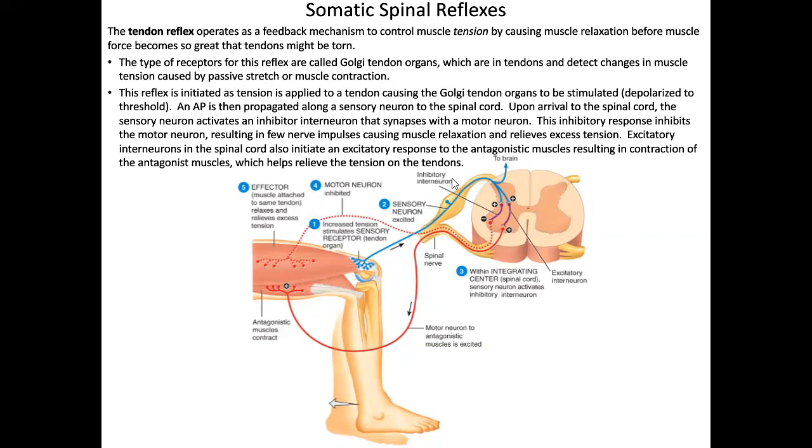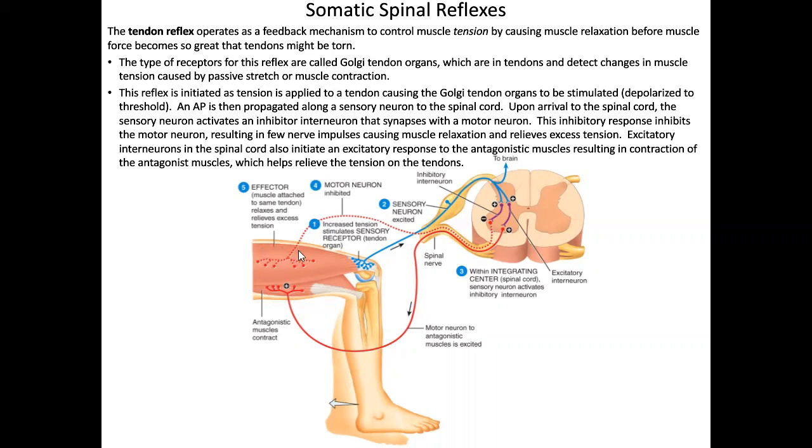They send a signal into the back of the spinal cord. We see kind of the same thing. Some signals go up to the brain, but more importantly, here in the gray matter, a signal is going out to the quads and a signal is going out to the hamstrings, except it's the exact opposite of what we just learned for the stretch reflex. The excitatory signal is going to the antagonistic muscles, causing them to contract.